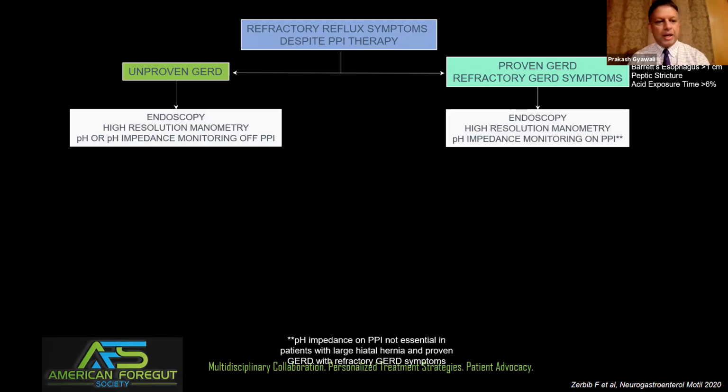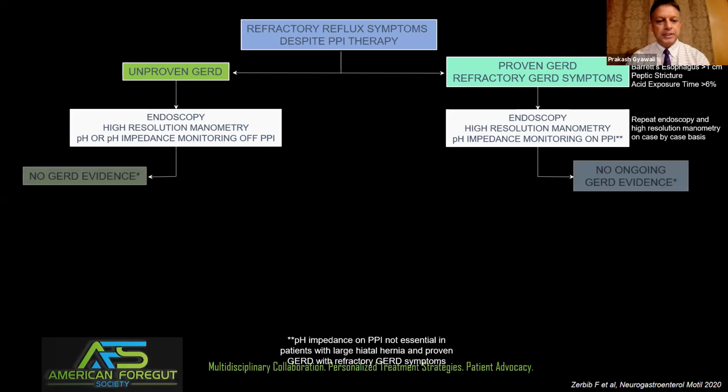We've talked about how proven GERD should only undergo pH impedance monitoring on PPI, whereas the unproven patients are tested with any of these tests off PPI. Sometimes repeat endoscopy and manometry are required to diagnose these adjunctive conditions that can mimic reflux disease.